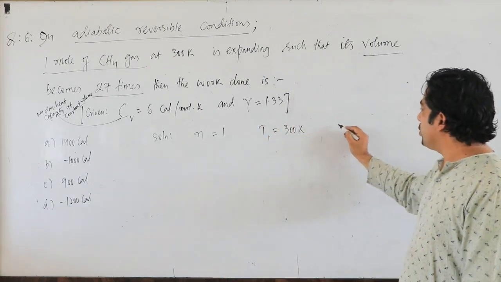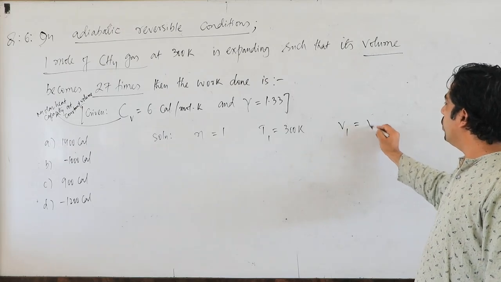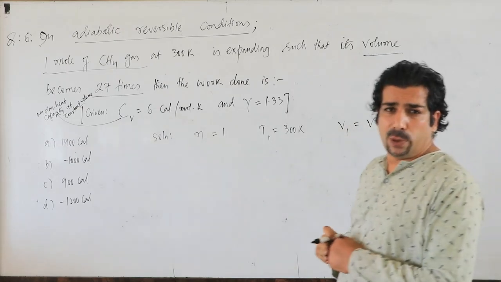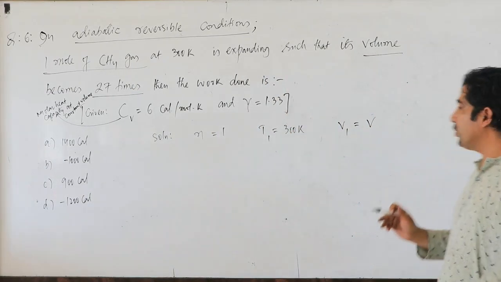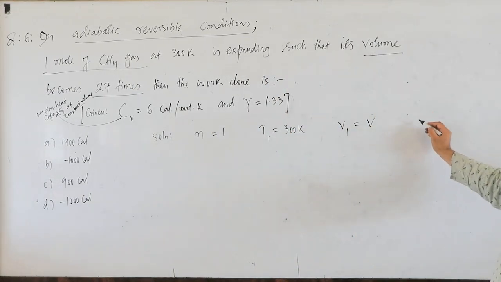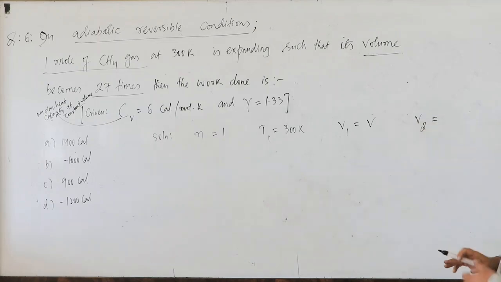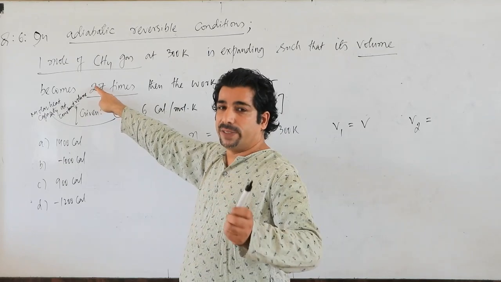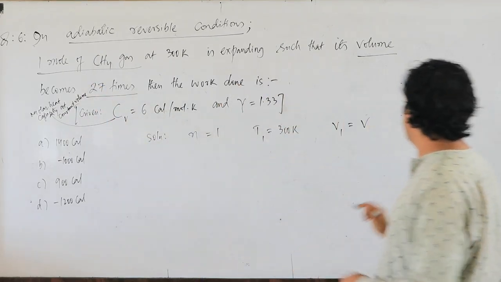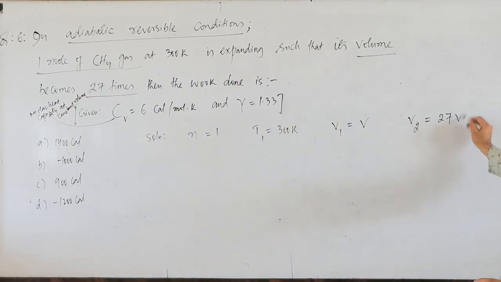Let us suppose the initial volume V1 is equal to V. Then after the expansion we get V2, and that V2 will be 27 times V1. So it will become 27V.